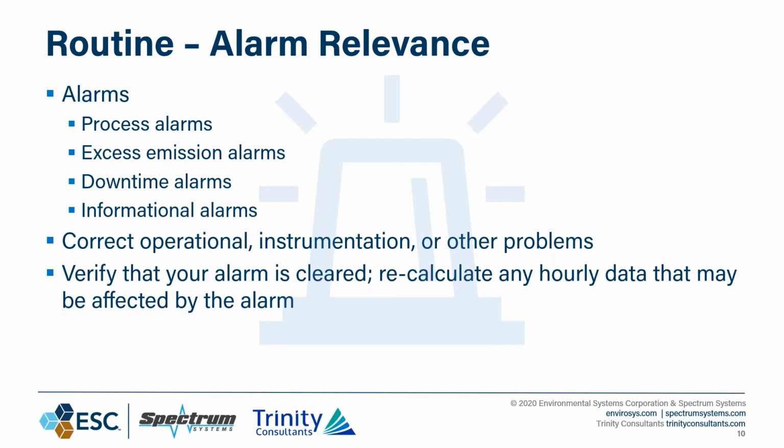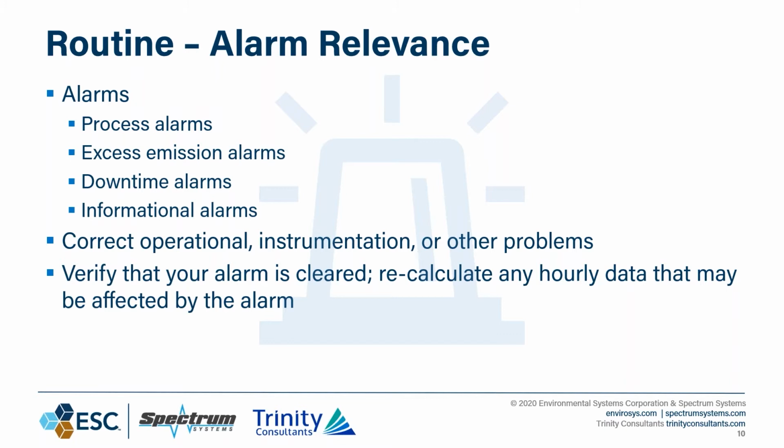Here on these excess emissions alarms, it's not just the alarms themselves and when they happen, but check your DOS to make sure you have stages that will provide you ample warning that you can back off operationally to prevent an excess emission.